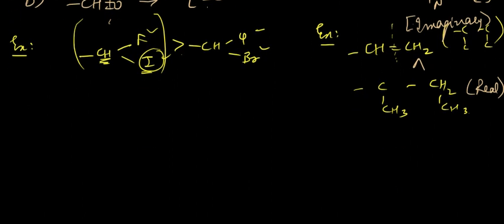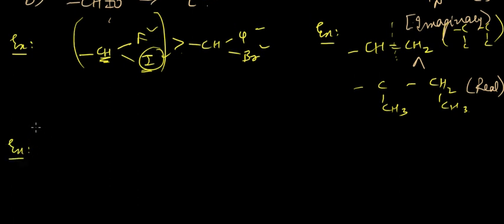and how do I decide the priority between this and this? Just as we saw in the EZ configuration of cyclic compounds, we break the cyclic chain and make a single chain out of it.